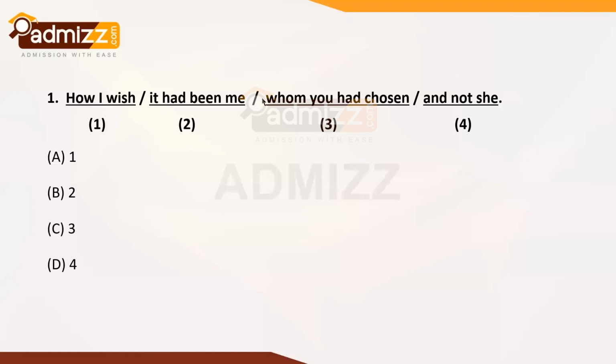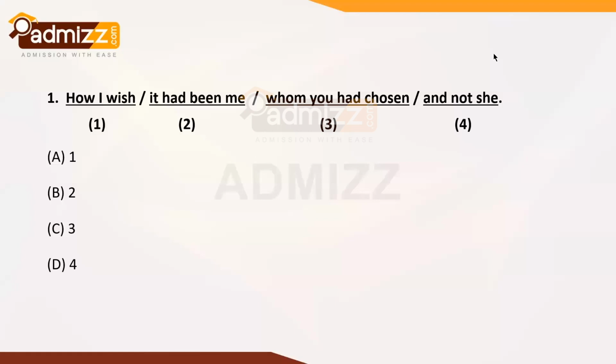So now this second part is correct as well. Now, whom you had chosen, right? Whom you had chosen. Now, this is correct as well. That simply means that your choice should have been someone. It's basically implying that particular sentiment, right?